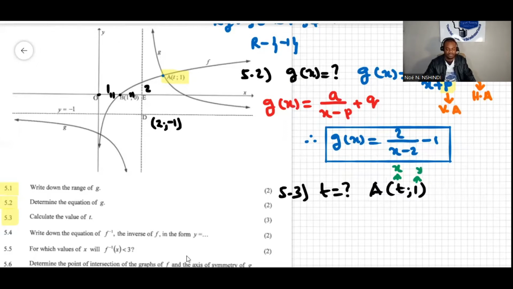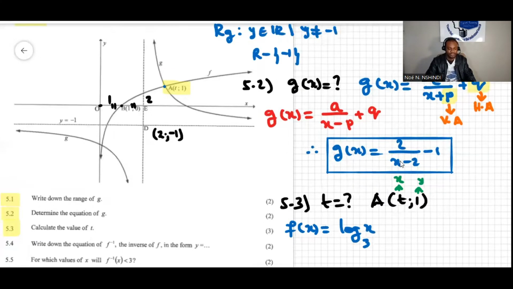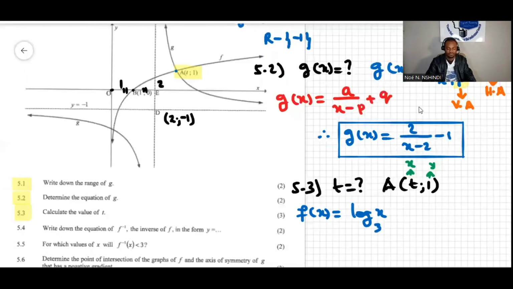So now the equation of f of x is given by log of x base 3. Let's check it again. We can see it over here. f of x is log of x base 3. Now, it means when x is t, y is 1.